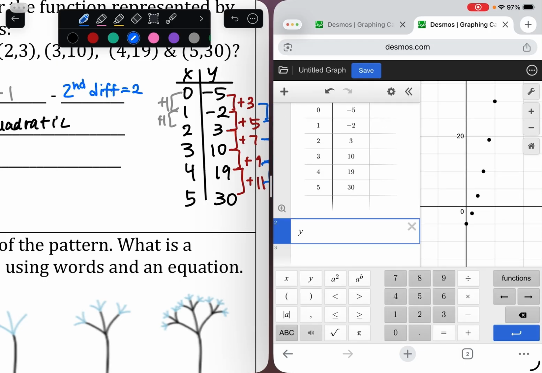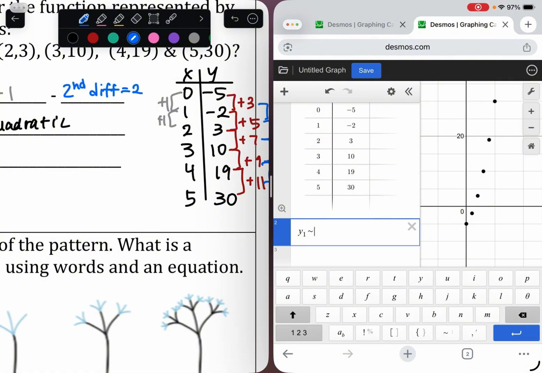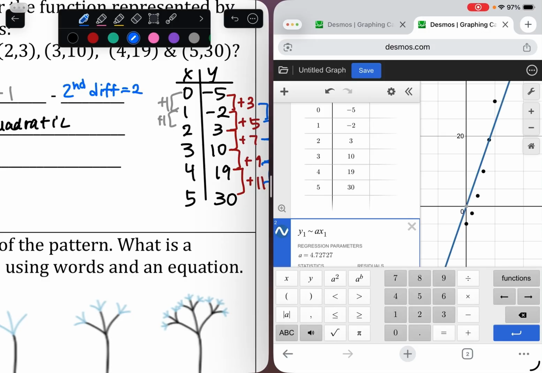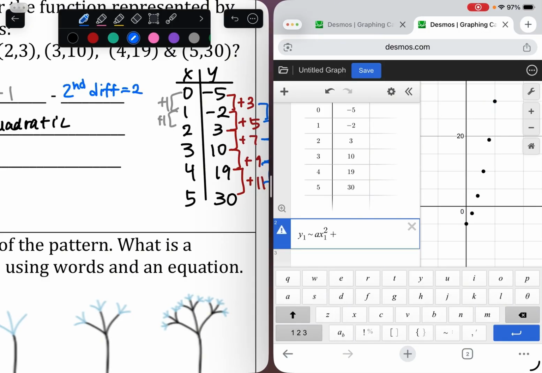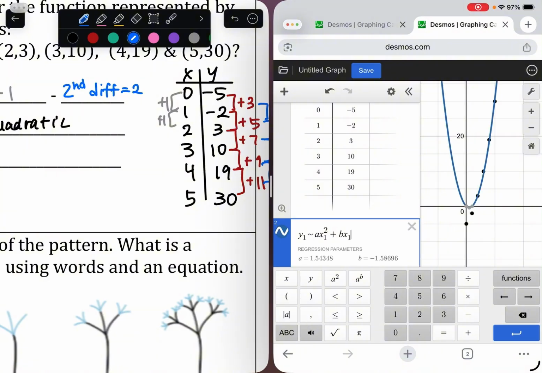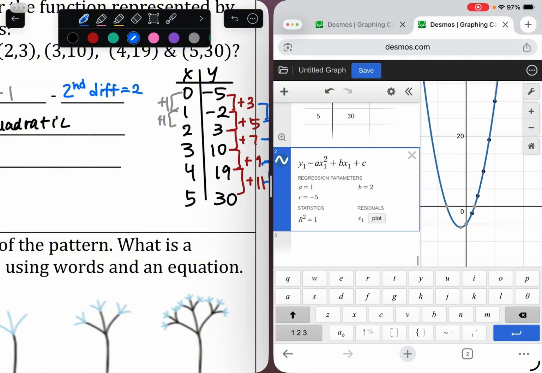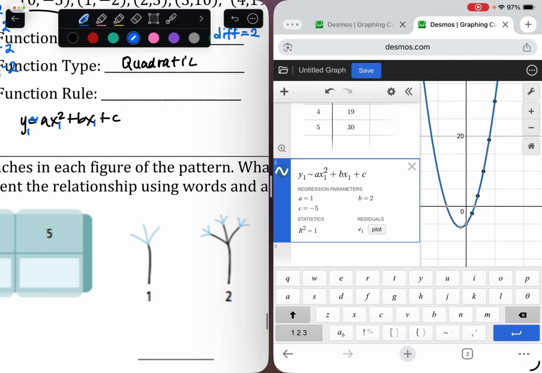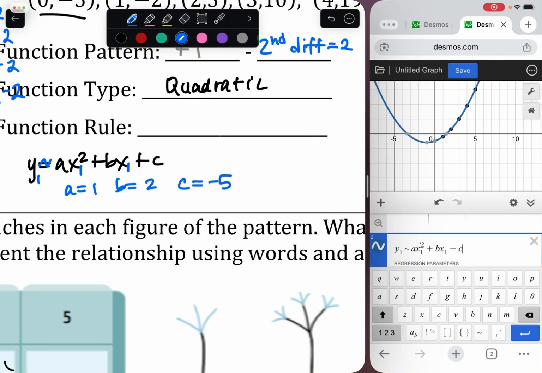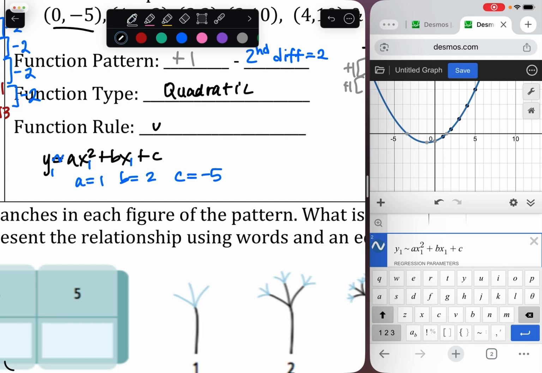So getting our equation, y1 tilde ax1 squared plus bx1 plus c. And so we can see that a is 1, b is 2, and c is -5. Seems like it's a lot of steps for this, but this is actually saving you a whole lot of work. And so y equals x squared plus 2x minus 5.